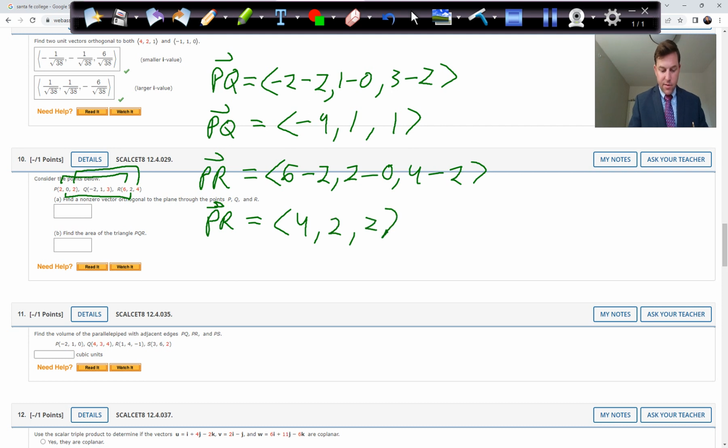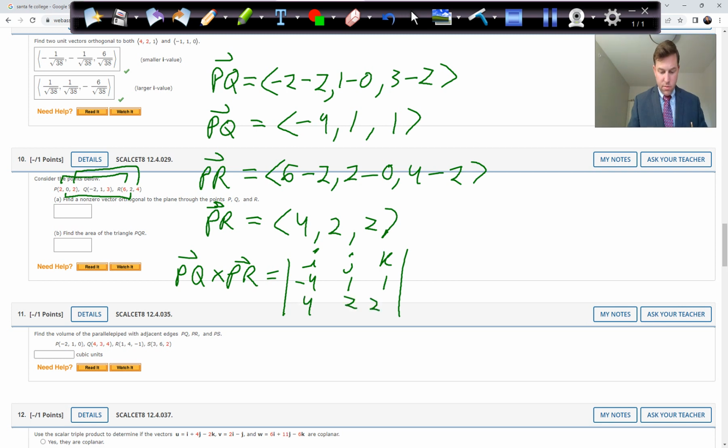And now we just have to take the cross product of PQ and PR. And that's going to equal, PQ was minus 4, 1, 1. PR was 4, 2, 2.